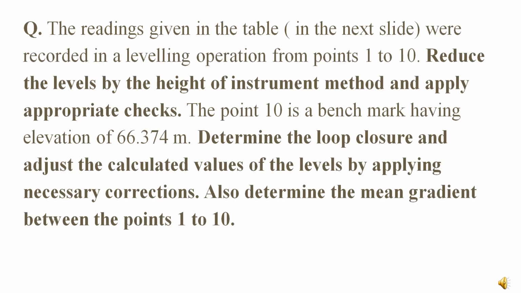The readings given in the table in the next slide were recorded in a leveling operation from points 1 to 10. Reduce the levels by the height of instrument method and apply appropriate checks. The point 10 is a benchmark having elevation of 66.374 meter. Determine the loop closure and adjust the calculated values of the levels by applying necessary corrections.